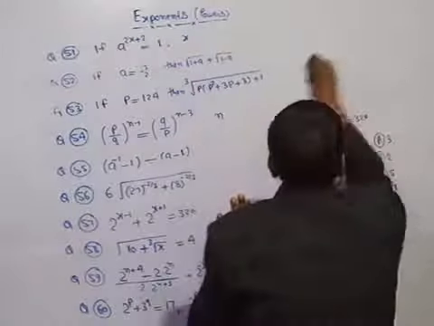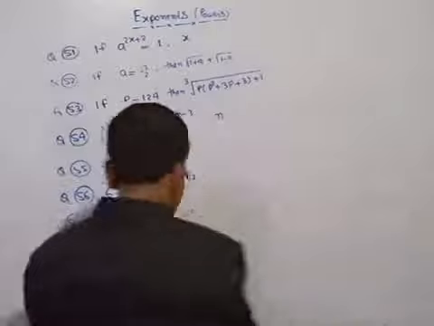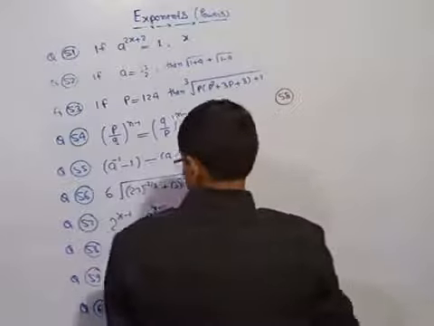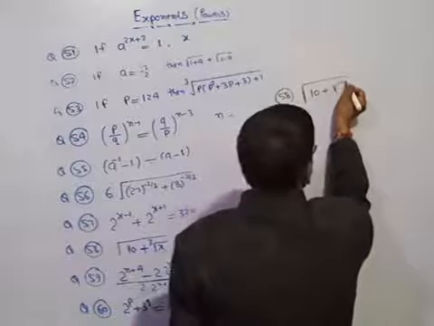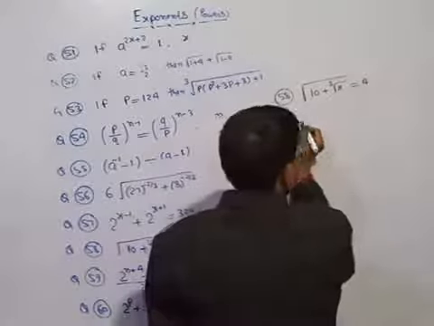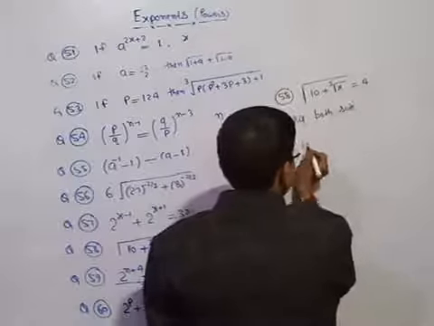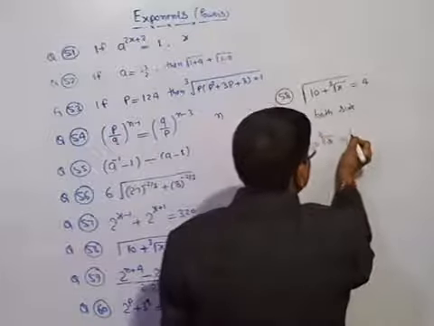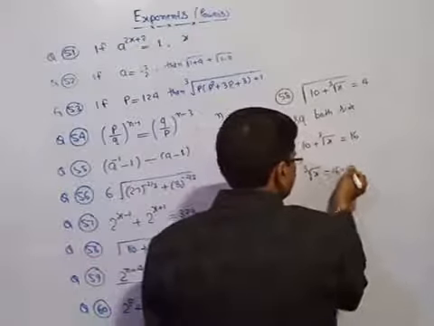Question number 58. Root of 10 plus cube root of x equals 4. Squaring both sides: 10 plus cube root of x equals 16. Cube root of x equals 16 minus 10.